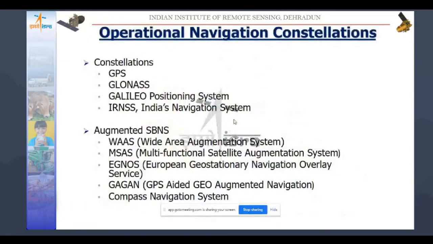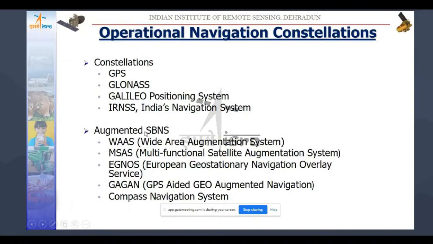Suppose a GPS satellite is there. Our receiver will receive the GPS satellite signal and estimate the position. But we are also getting some local information, like ionospheric correction, tropospheric correction, and different types of corrections, because the receiver is just using coefficient or model-based information. So when we derive corrections at the local level, we transmit our local correction information to a satellite.